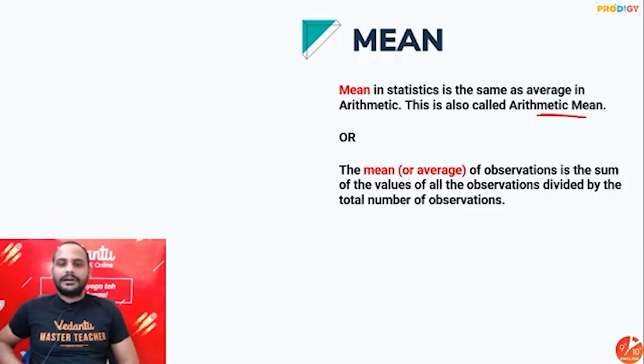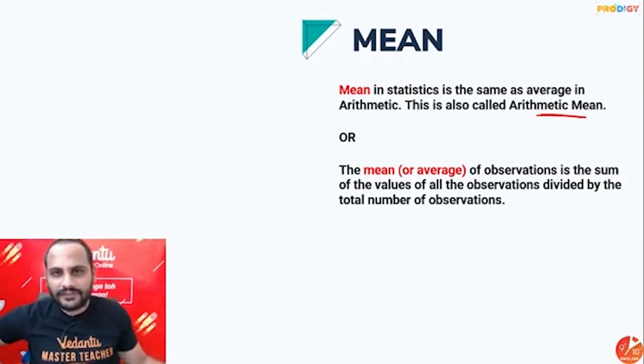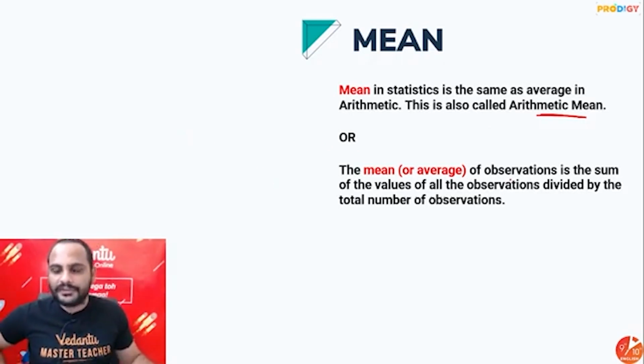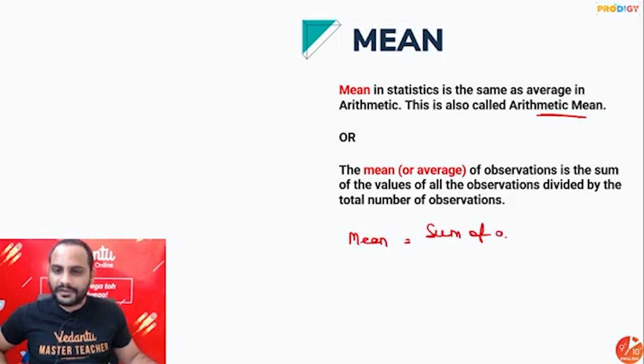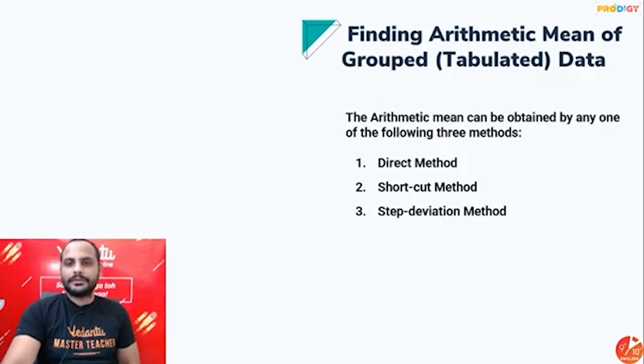So when the data is not grouped, say if the data given is 1, 2, 3, 4, 5, 6, find the mean. That time you know the formula is sum of all the observations divided by number of observations. Clear, children?